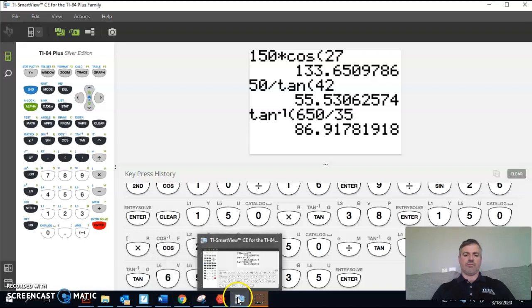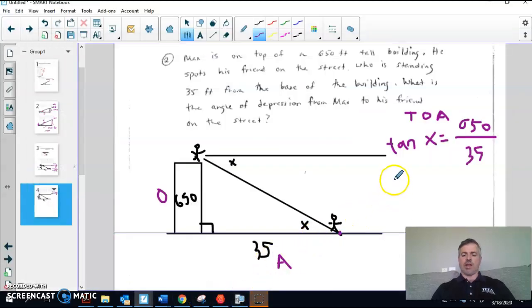So it'd say X is equal to 86.9, and again that's in degrees. So we'll put that little degree symbol up here. So that's the way of finding an angle.